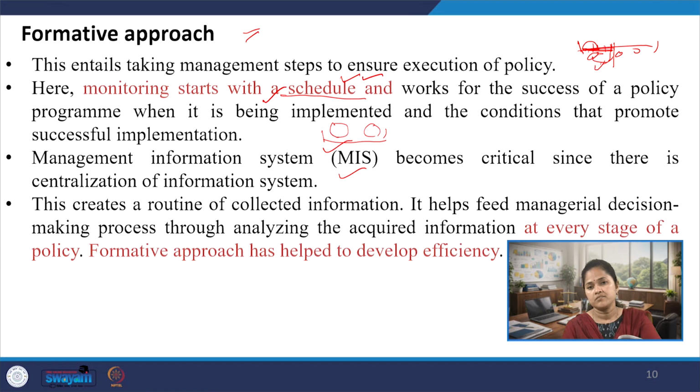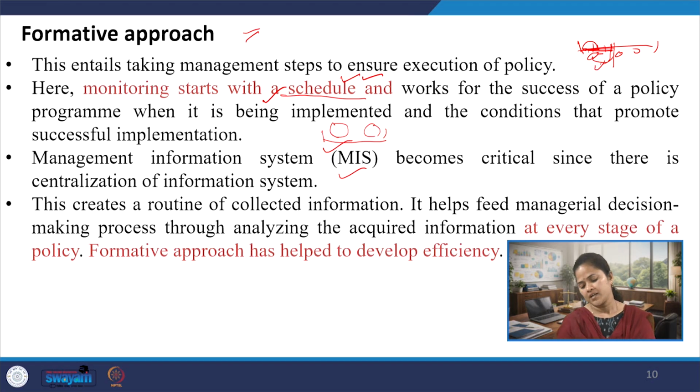When a policy fails, it entails a lot of cost. So if a monitor takes the formative approach, a lot of money and resources are saved, and the best part is that the monitor also avoids catastrophic failure of the policy.